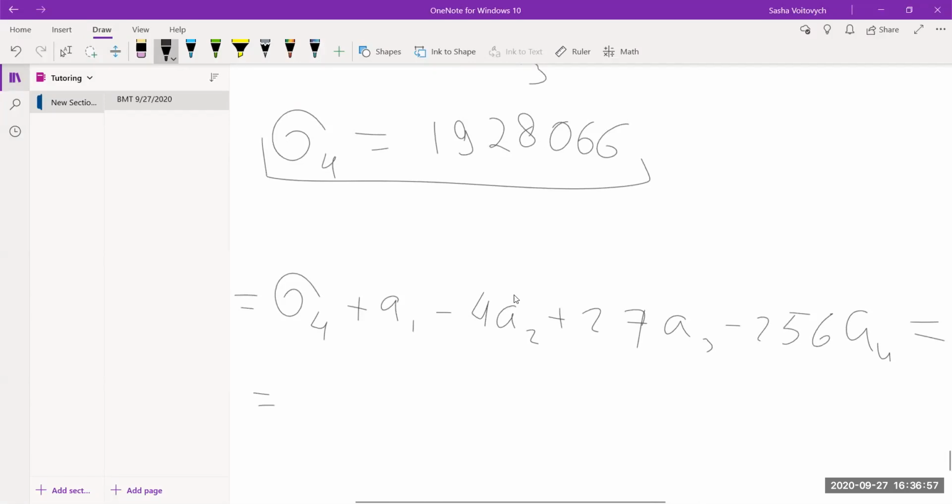Okay, so sigma 4 is this crazy value plus A1, which was equal to 46/3. So minus 4 times A2, where A2 was 23.